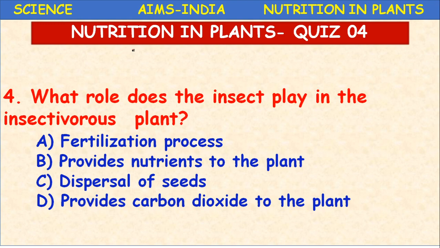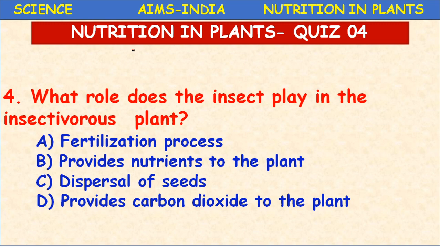What is the role of insect in the insectivorous plants? They help in the pollination process, or they help in the dispersal of the seeds? No. Okay, what is the correct answer here?